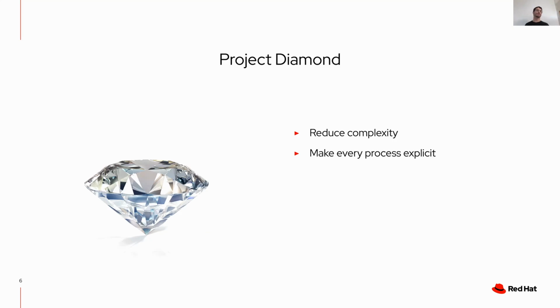Making every process explicit seemed at least a good idea. And then the third goal was to avoid the dependence of processes on certain people, because the issue was that since a lot of those processes were not really documented, you really needed that specific person who knew the process to be able to actually do it properly.